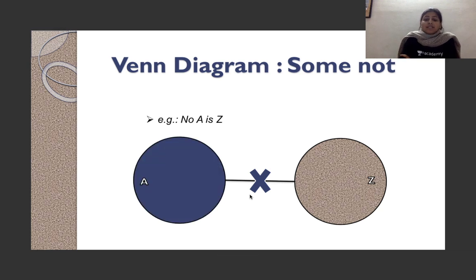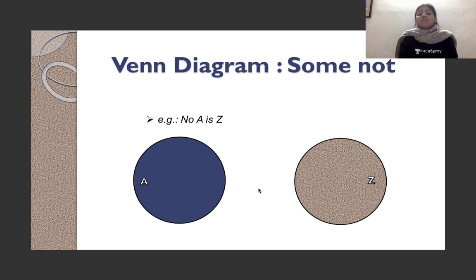Then no A is Z. This is the correct way to represent it, because if you represent it like that, then it seems like there is no relation between A and Z, and you can go wrong sometimes while checking the conclusion.